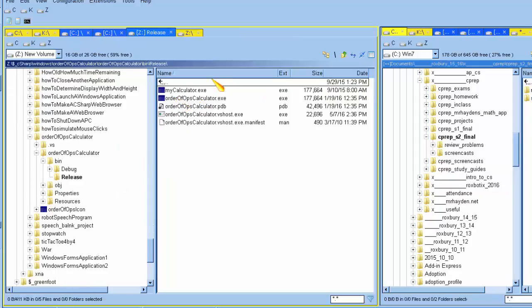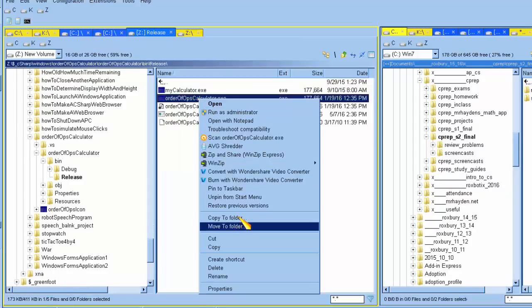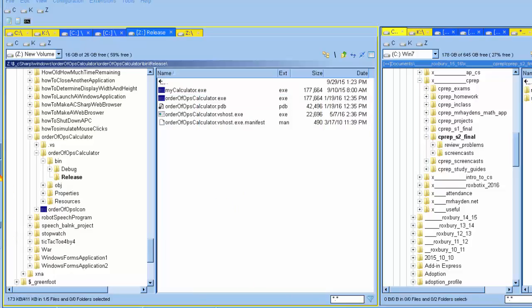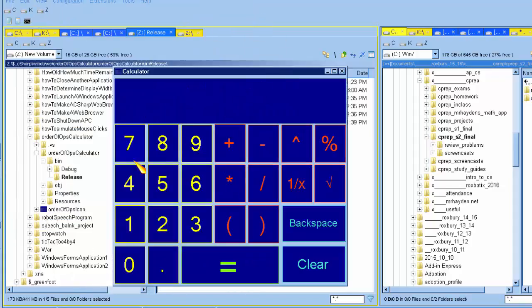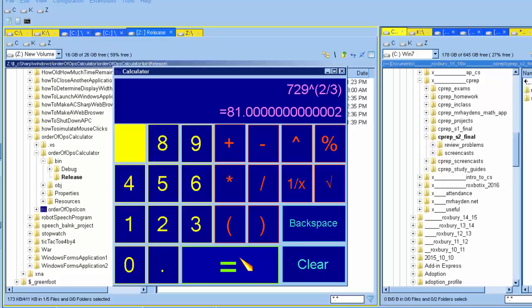So using my calculator, I would do 729, and I would hit the exponent, and I would do 2 divided by 3, and equals 81.